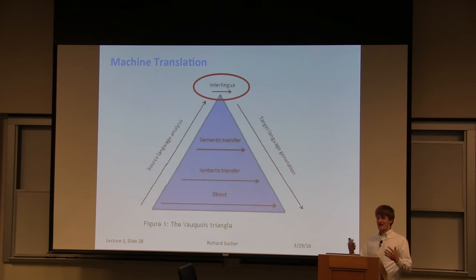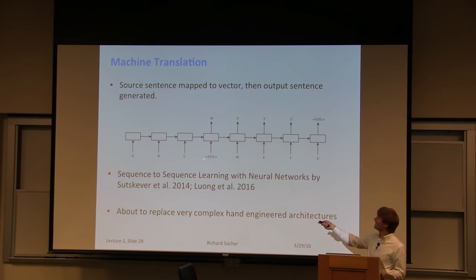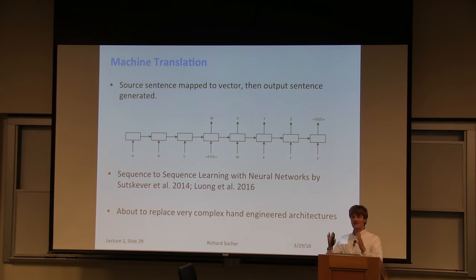Everything will be mapped into a vector, and we will go over this model in a couple of weeks, where you take any kind of input language, you map it with a neural network into a single vector, and from that vector you generate the translation sentence. So if that doesn't convince you that vectors are useful, then nothing will.